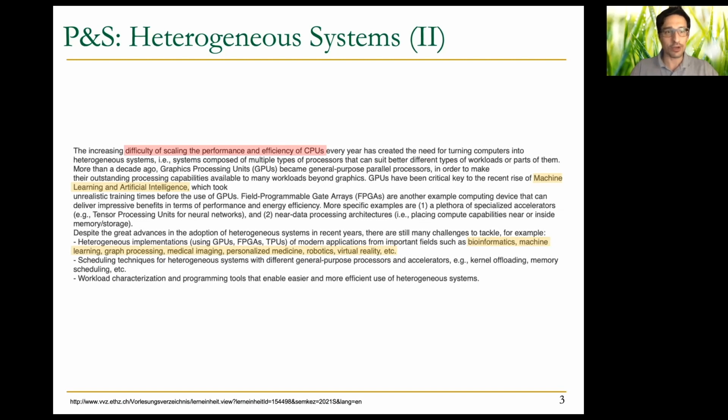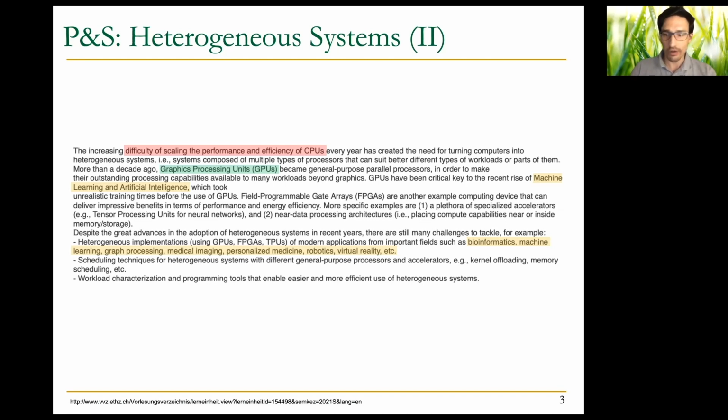About 10 years ago, or a little bit more than 10 years ago, graphics processing units turned into general purpose devices, general purpose parallel processors, and they started being used for many different important applications. And as this description says, they have been critical to enable the recent rise of machine learning and artificial intelligence.